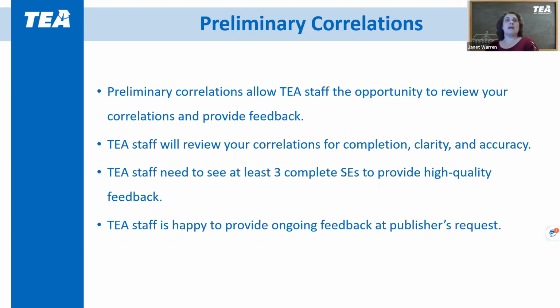So if it's prior to that, let's say January 15th, you're already done with your preliminary correlations and ready for feedback, then submit a help desk ticket to let us know so that we can go in and start reviewing those and provide the feedback right away. But like we said previously, if you're going to use the upload feature, don't go in after we've provided feedback and do it for the rest of your correlations, just for the preliminary.